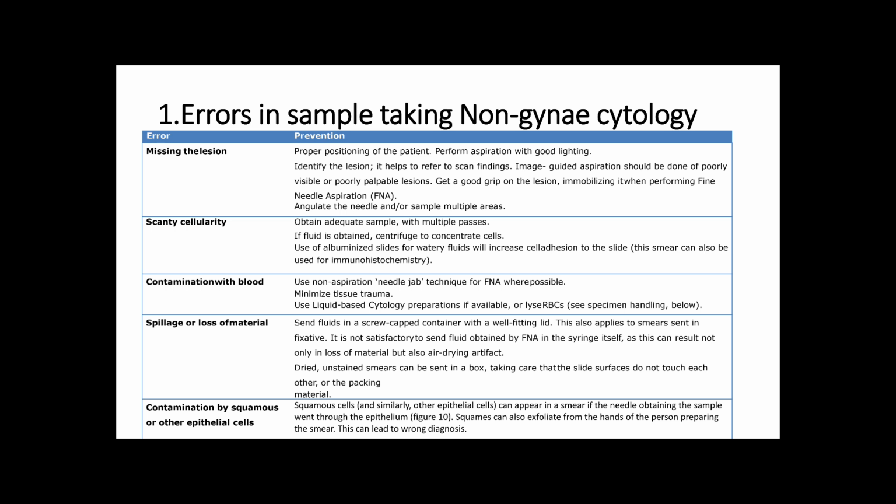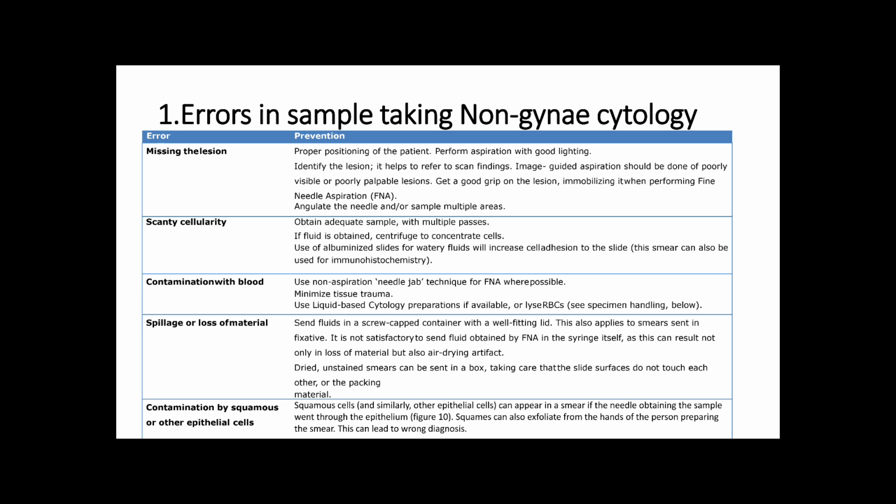The second error could be scanty cellularity. How to prevent: obtain an adequate sample with multiple passes. If fluid is obtained, centrifuge to concentrate the cells. Use of albumized slides for watery fluid will increase the cell adherence to the slide.